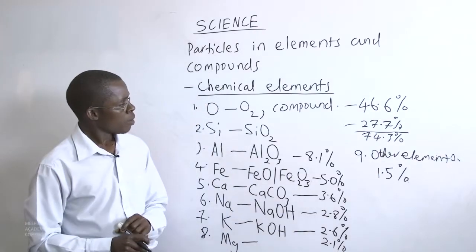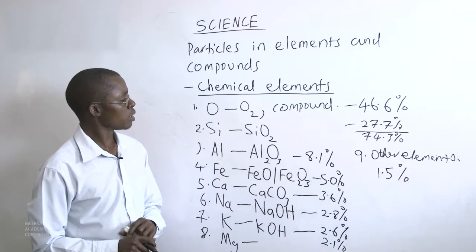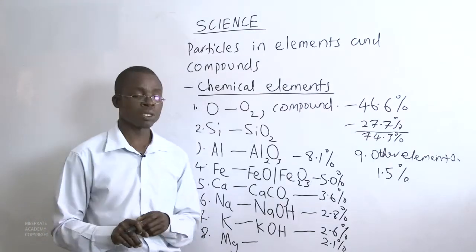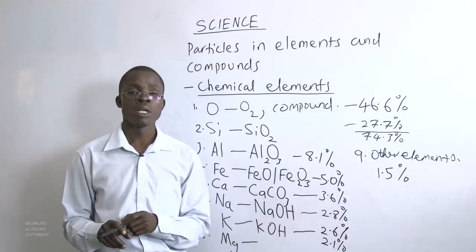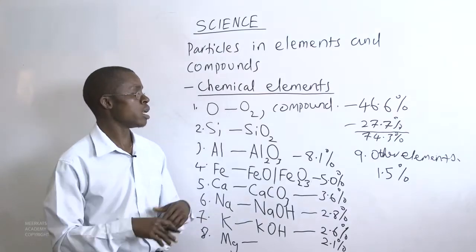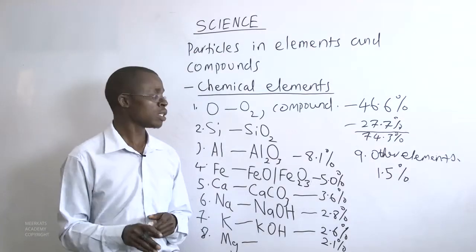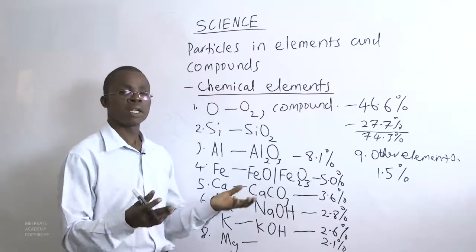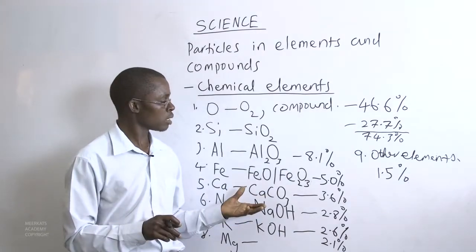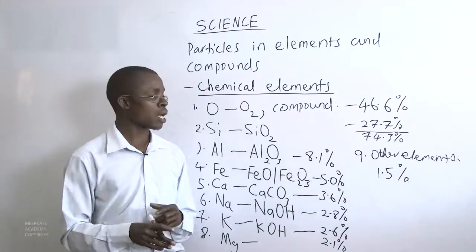Now, we have talked about so much about the chemical elements, and in the chemical elements we have talked about the chemical symbols, the elements themselves, uses, occurrence, and here now we have looked at the percentage occurrence of each one of them and how they occur.